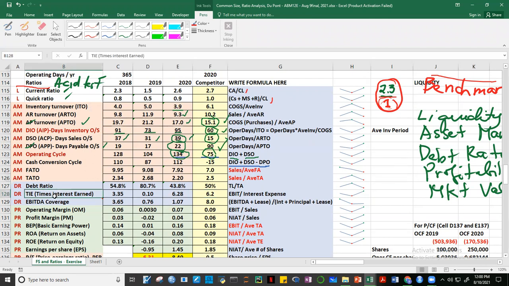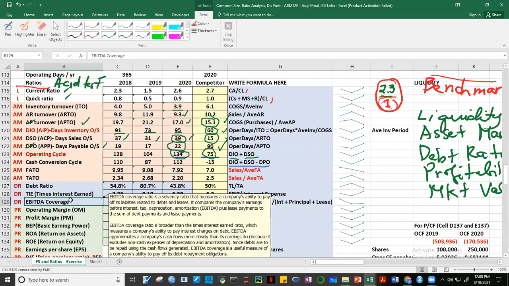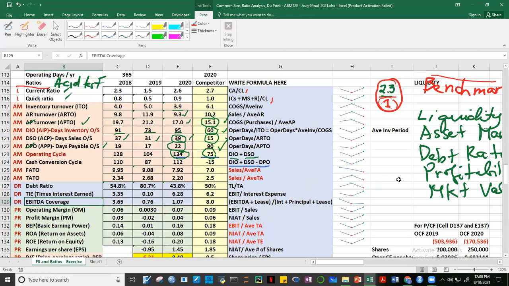Okay, a broader measure of debt ratio is EBITDA coverage. So meron ako ditong notes. Just kindly read that for further explanation. So ano tong EBITDA coverage? Okay, you'll notice guys na iba na yung formula natin. So dito, dinadagdag natin si lease sa numerator at saka sa denominator. Hindi natin i-discuss yung lease, kasi medyo advanced topic na yan.